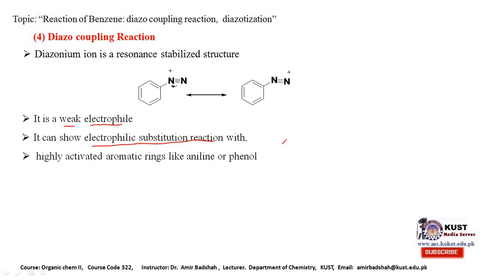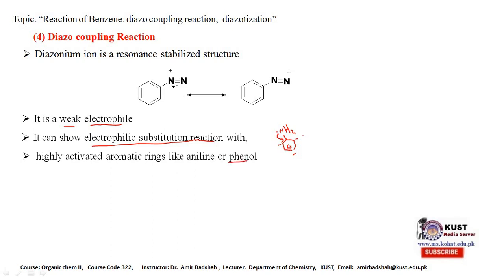We know that in aniline the benzene ring is bonded with an NH2 group. So NH2 group is an electron donating group. There are electrons on nitrogen, so these electrons are shifted to the ring through the resonance effect. So by shifting of these electrons to the ring, the density of electrons increases, especially at ortho and para positions.